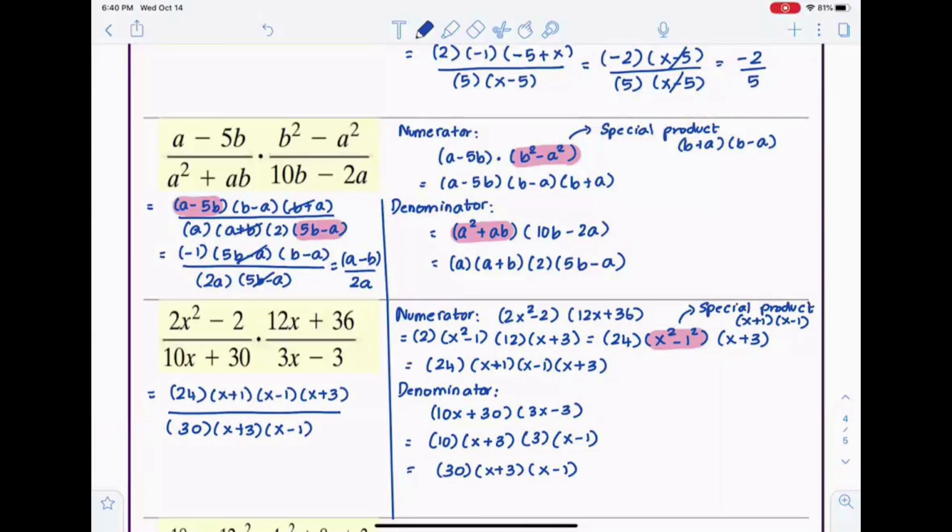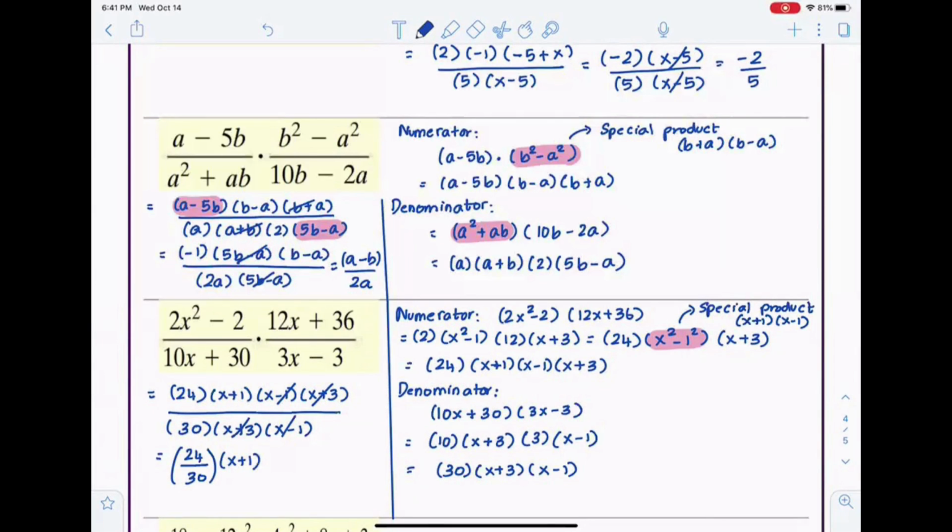So I see an x plus 3 in the numerator, x plus 3 in the denominator, they get cancelled. X minus 1 in the numerator, x minus 1 in the denominator, they get cancelled. So I simply have 24 over 30 multiplied by x plus 1.